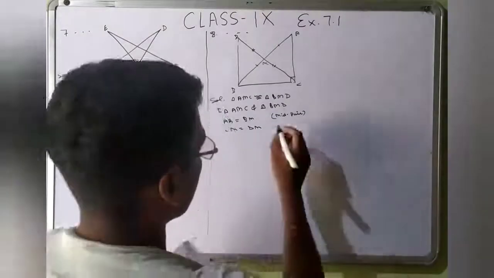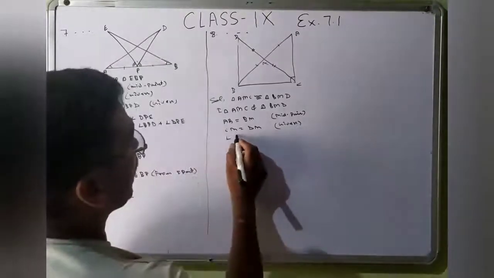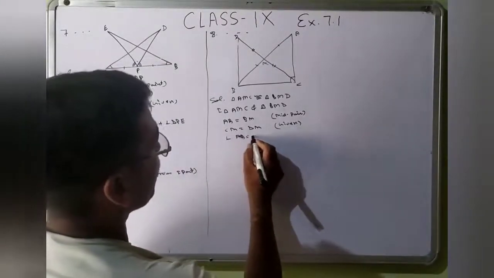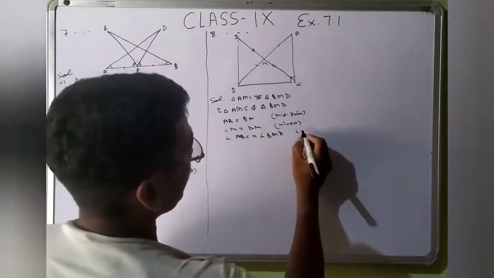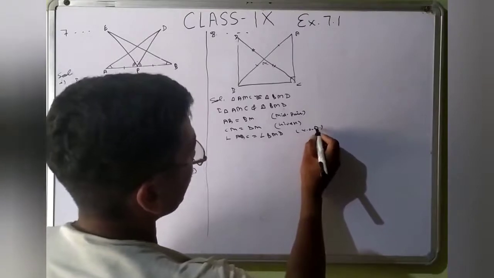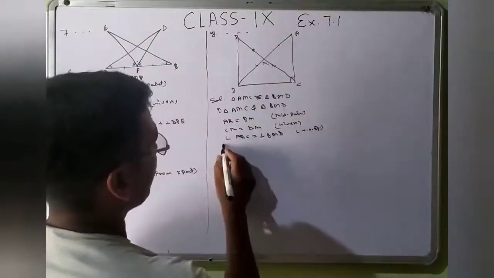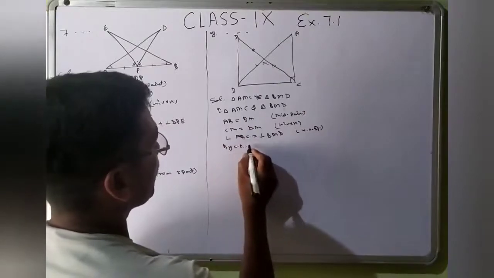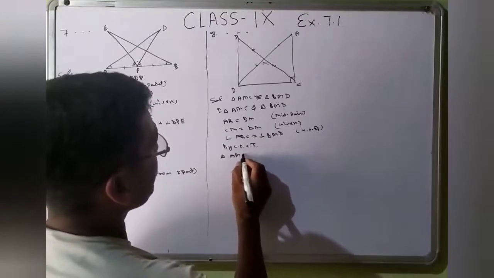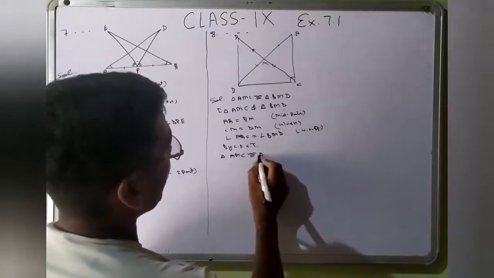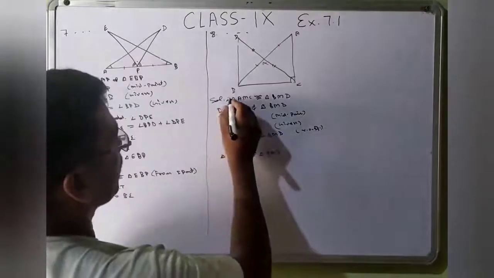This also is given in question. Angle AMC is equal to angle BMD by vertically opposite angle. So by CPCT triangle AMC congruent triangle BMD. That is the first part.